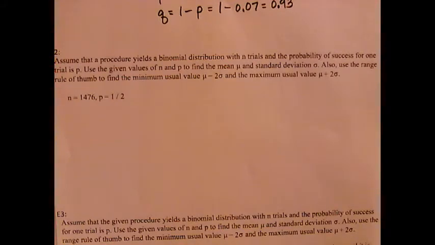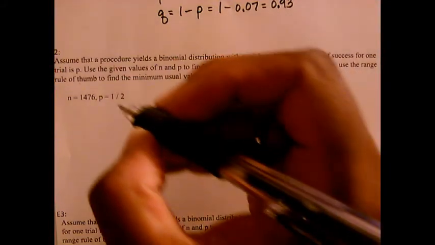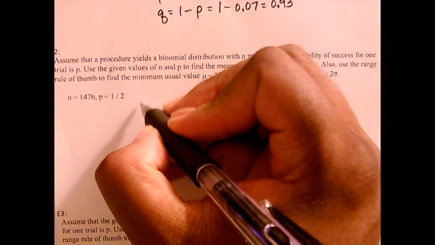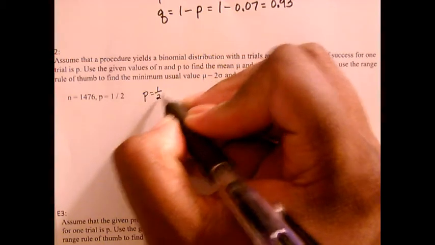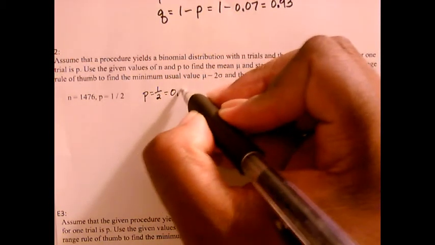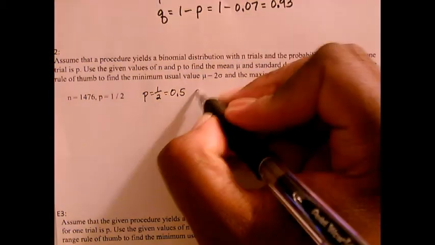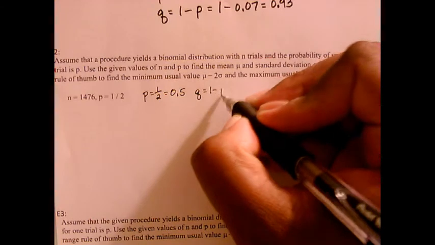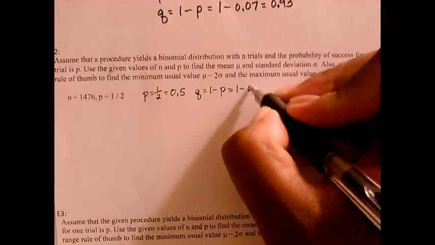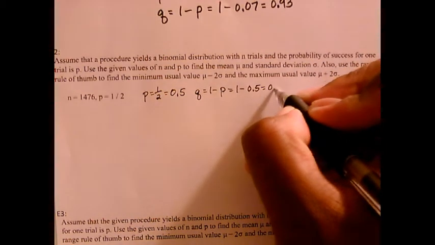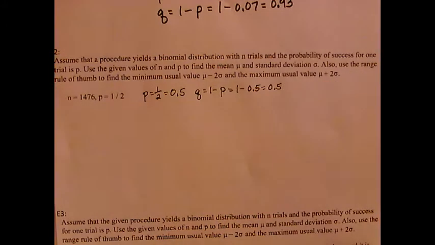Okay, so we know what n is, that's 1476, and p is 1/2. Well, let me change that p, which is equal to 1/2, to 0.5. And if p is 0.5, q has to be 1 minus p, or 1 minus 0.5, which is 0.5.